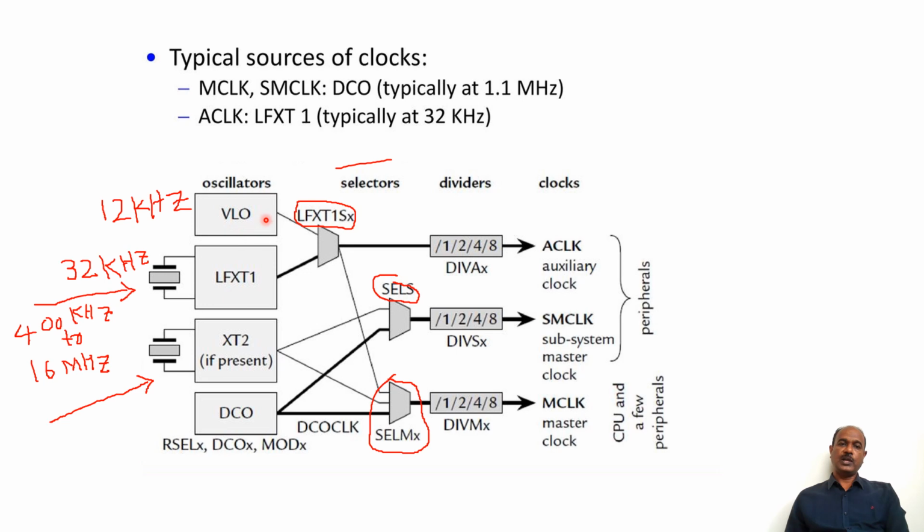After you have selected these oscillators, suppose for generating ACLK I have used VLO or LFXT1, I am going to select them by using selectors. Suppose I have connected a 32 kilohertz crystal to this LFXT1. This will generate a 32 kilohertz clock signal that will come here.